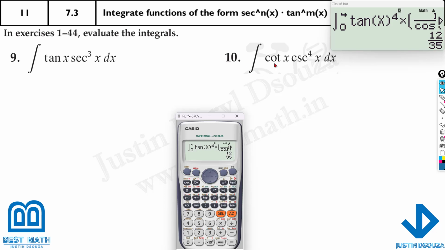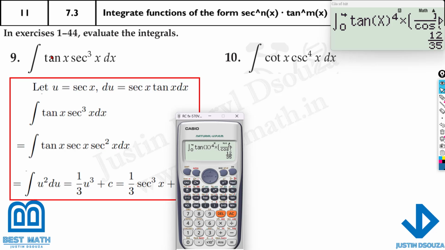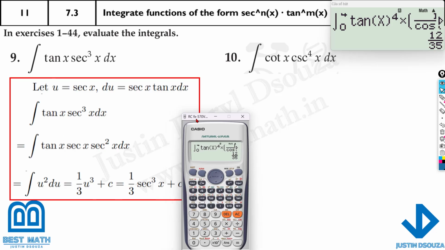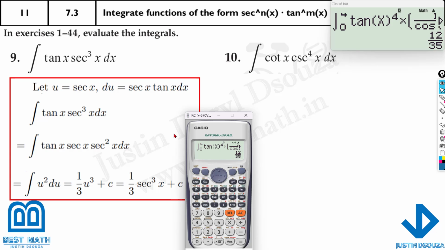But if it's the indefinite one without the limits, for these you need to put an x value, whatever the question has given, and then derive the answers, and then you'll get the final answer. Let's try this out. Here the answers are given, but anyway, just type, what is this? Tan x multiplied by 1 divided by, see the brackets have not been put in properly, 1 divided by secant is cosine x, close the bracket and raise it to the power 3.